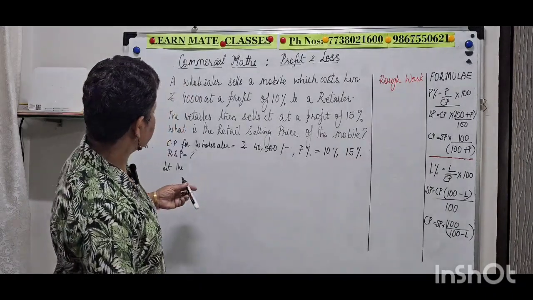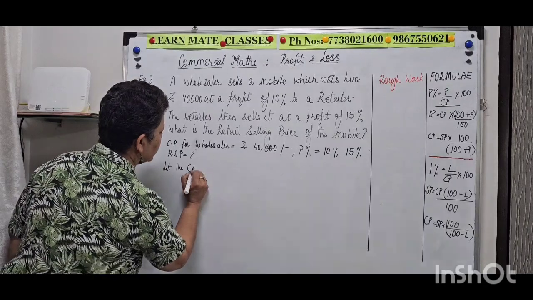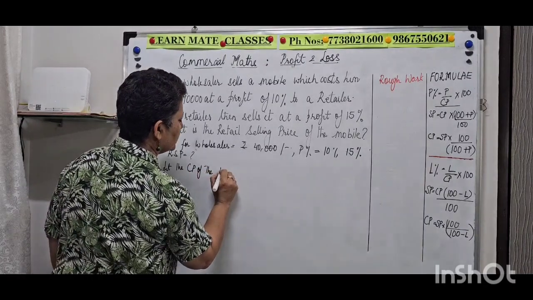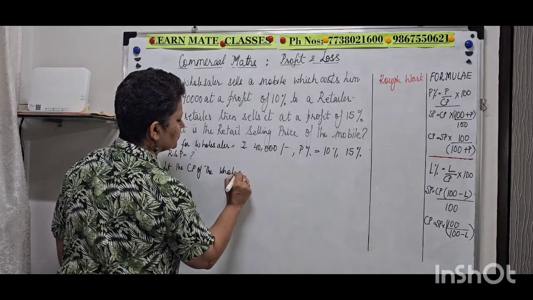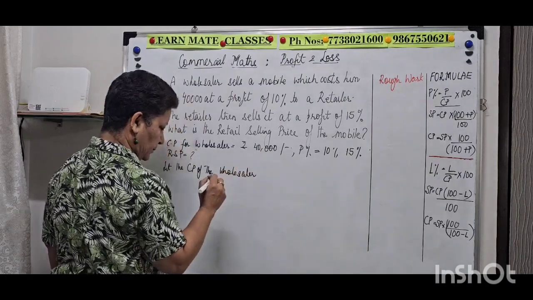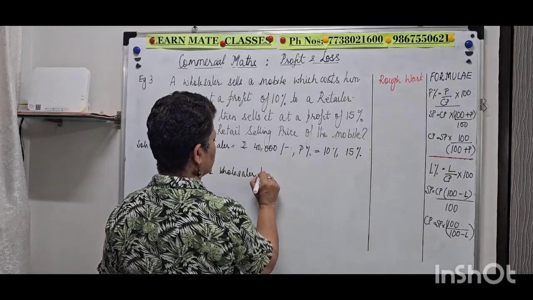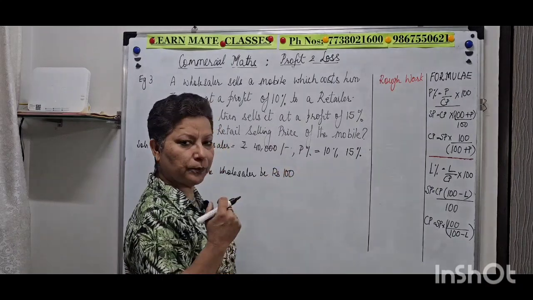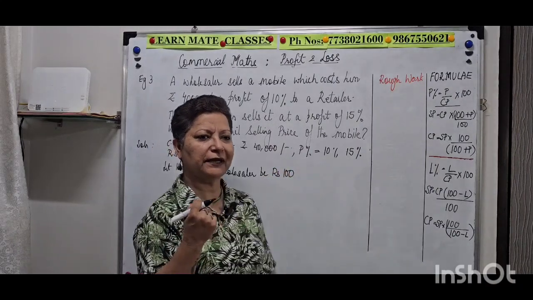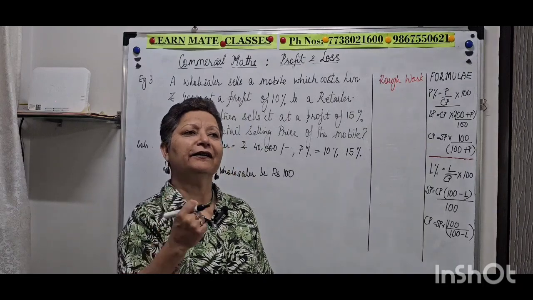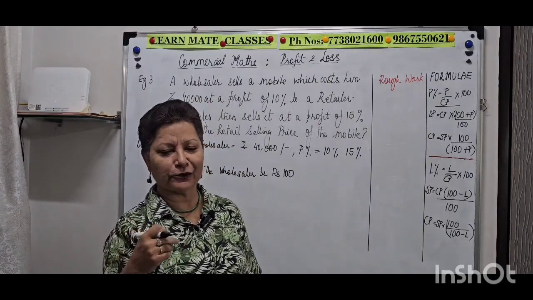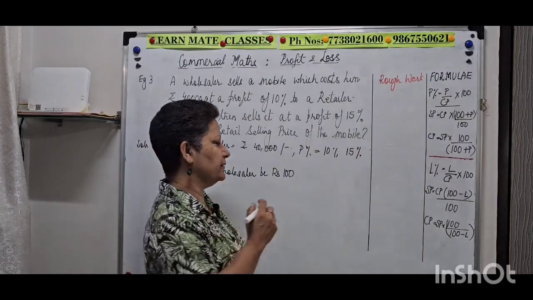So I start with saying, let the CP of the wholesaler be rupees 100. A 100 rupee assumption is a very safe assumption because I can work very easily with two zeros at the end. So I assume it to be rupees 100.